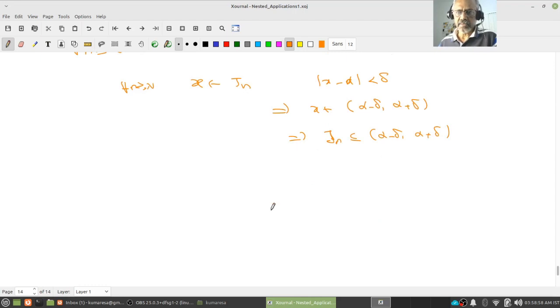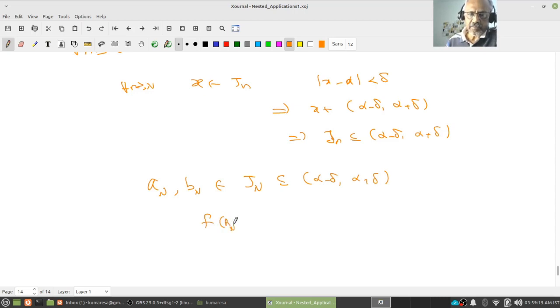Yes, do you follow that? In particular, therefore, let's look at a capital N and b capital N. Both belong to J N, which is contained in alpha minus delta to alpha plus delta, right? Therefore, f of a N must be positive, because for all x in alpha minus delta to alpha plus delta intersected with [a, b], f of x must be positive, right?